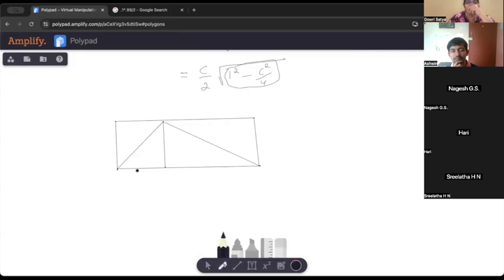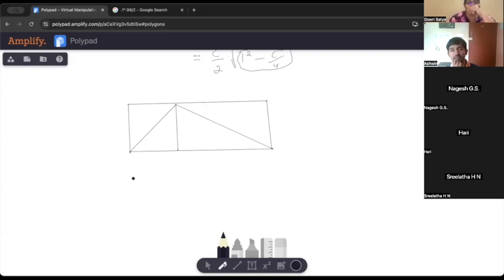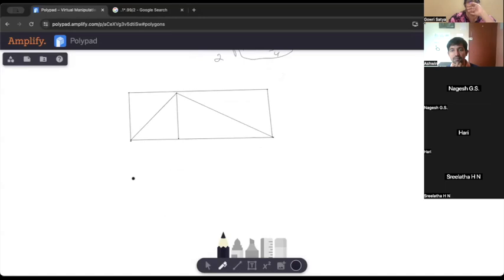Here, can we also say that base is inversely proportional to height? No, it is not inversely proportional. We can say that when base increases, the height will reduce, but it's not the same as inversely proportional.